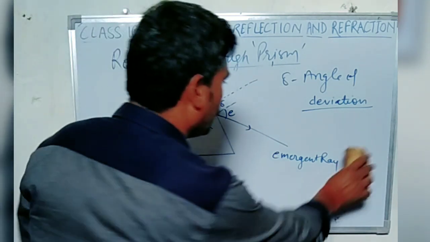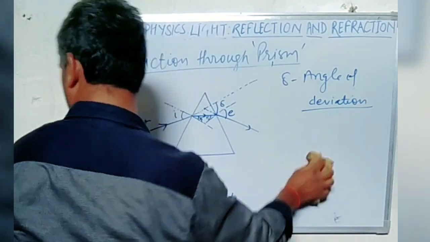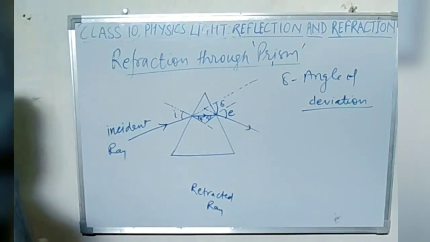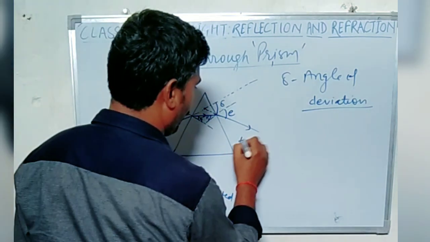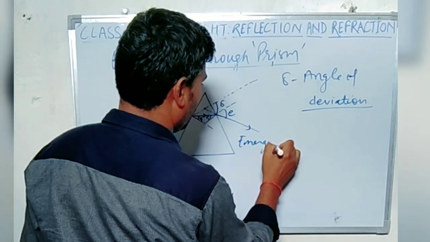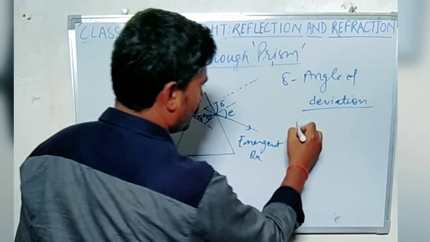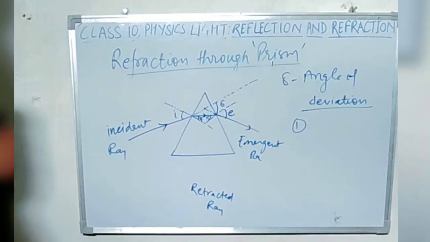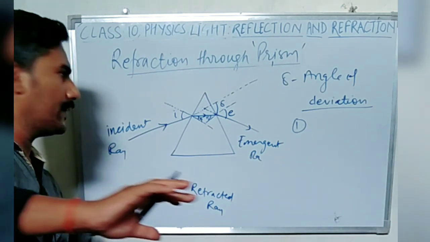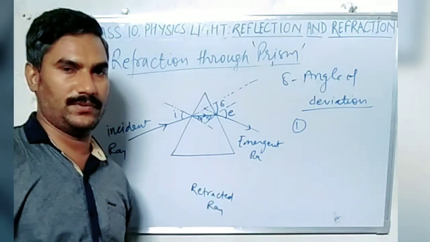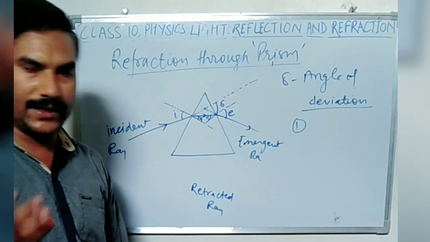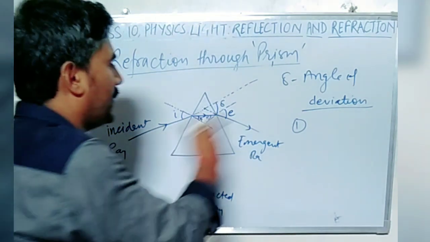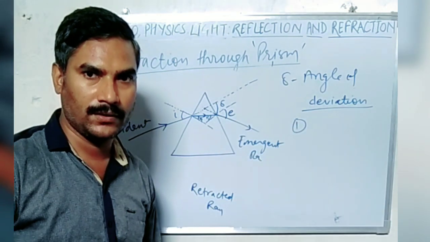And what are those factors on which the angle of deviation depends? This is the emergent ray. Suppose we have a number of triangular prisms, and each triangular prism has a different refractive index.